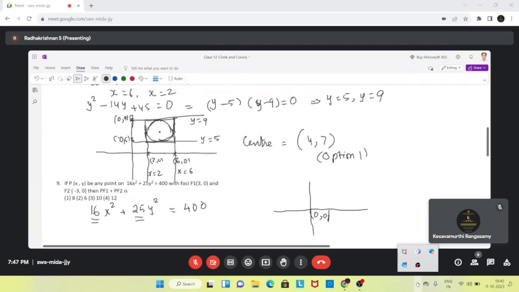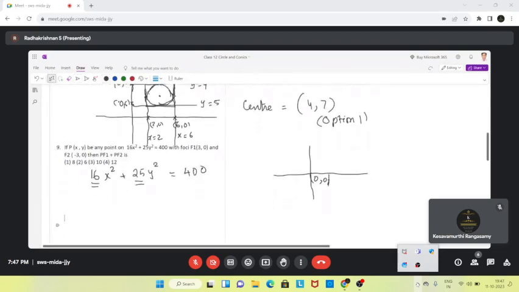Correct. So how can we find a and b from here? Sir, y is the major axis, sir. No, that's not correct. So check carefully. What is the first step?